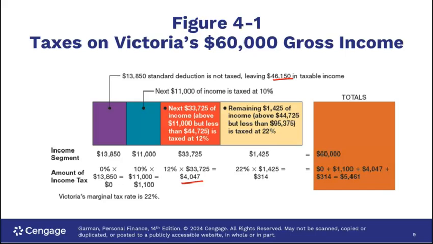So that's $33,725, and then the remaining amount over the next bracket, $44,725, is taxed at 22%. So that's $314. So we add the $1,100, the $4,047, and the $314, and we get $5,461 of tax liability.